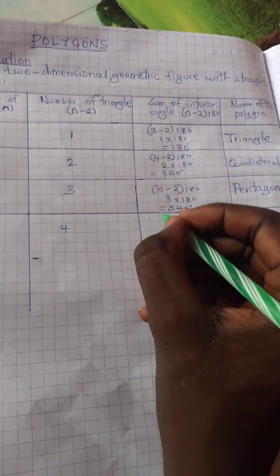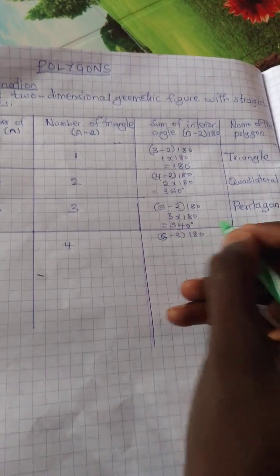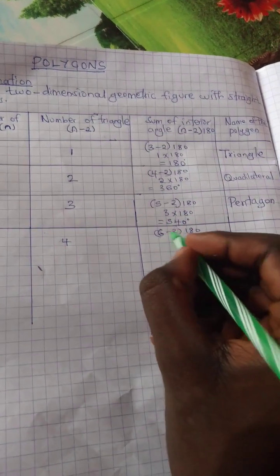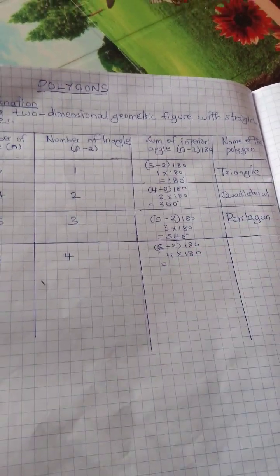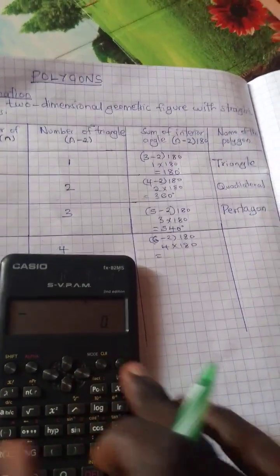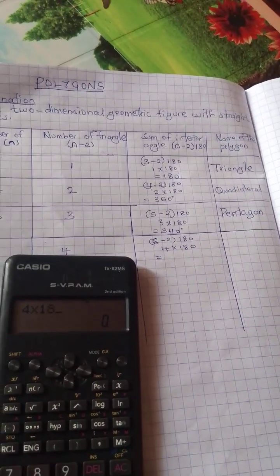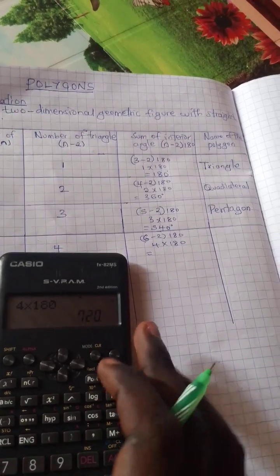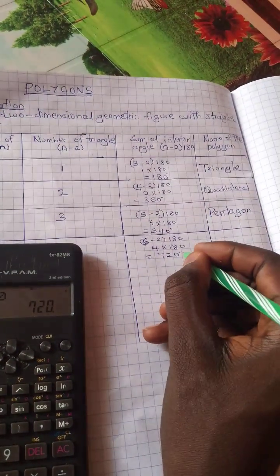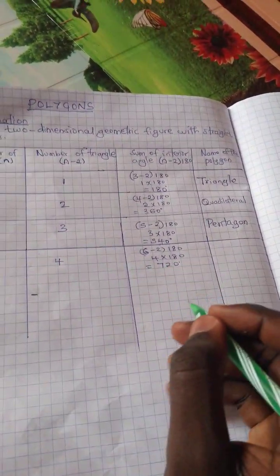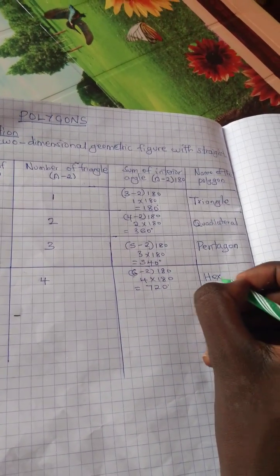It will be 6 minus 2 times 180. 6 minus 2 is 4, times 180, which will give us 720 degrees. A six-sided figure is called a hexagon.